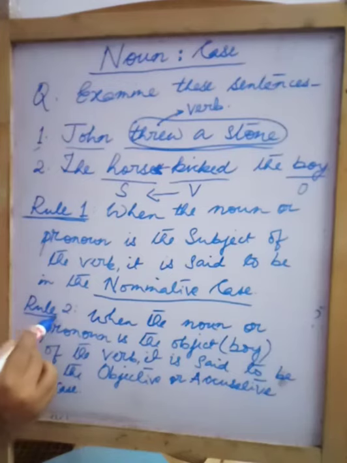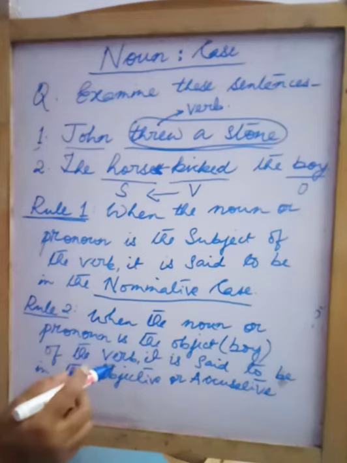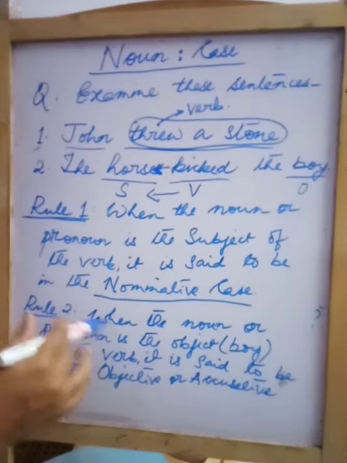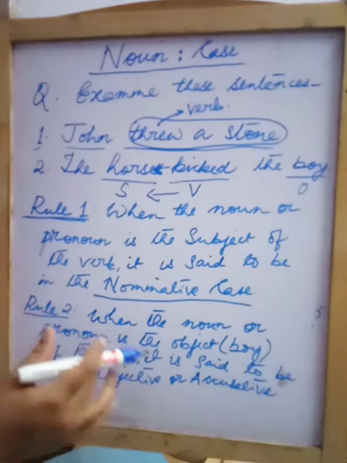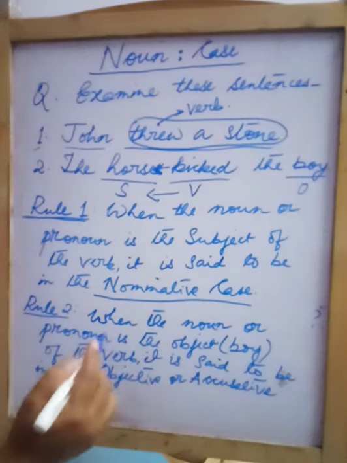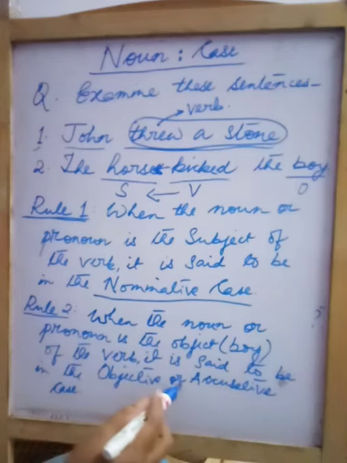In rule 2, when the noun or pronoun is the object of the verb, the question was, whom did the horse kick? The answer is the boy. So it will come under this second rule. When the noun or pronoun is the object of the verb, it is said to be in the objective or accusative case. Clear?